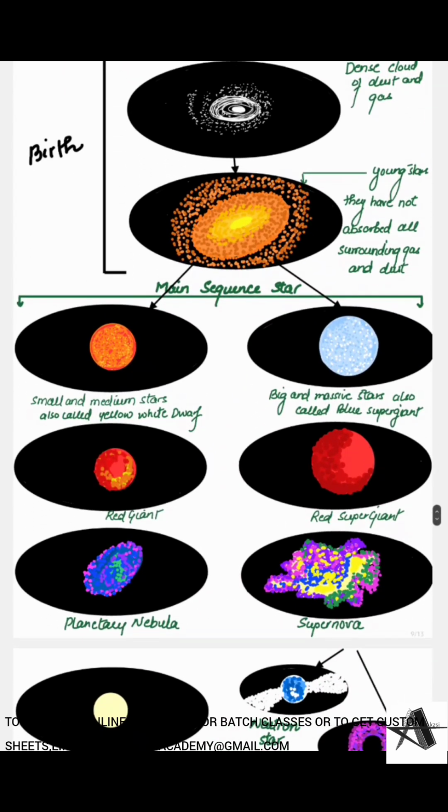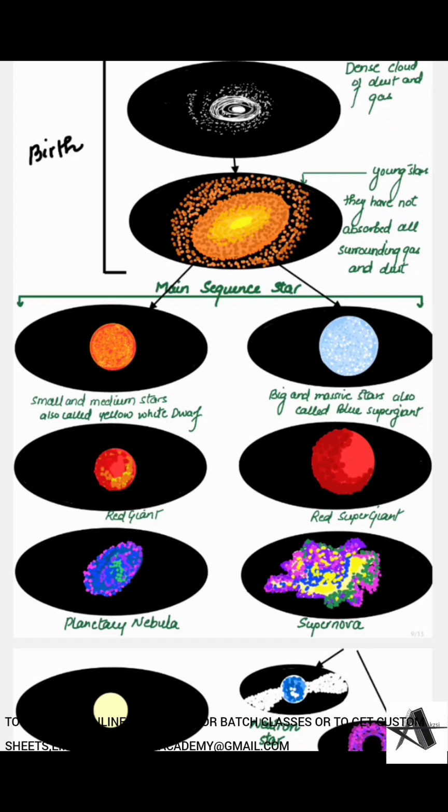See the birth, that is nebula and the protostar. The protostars are the young ones that we have already described, completely surrounded by dust particles, and that's why you cannot detect them in the visible spectrum.